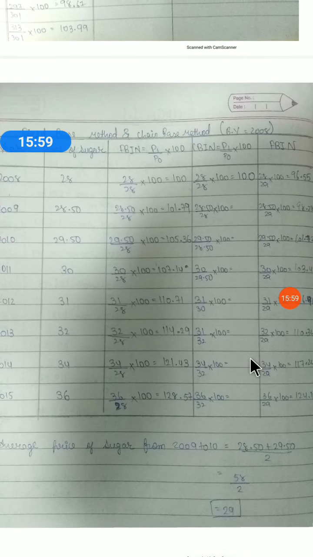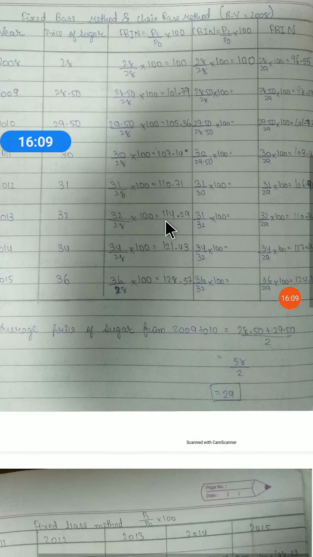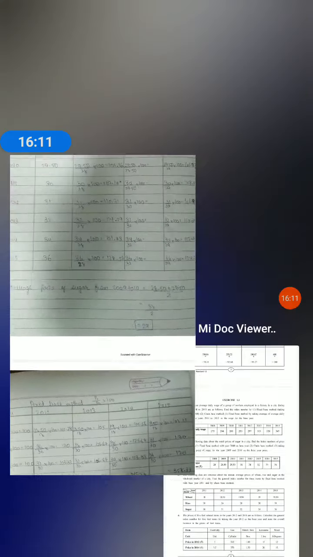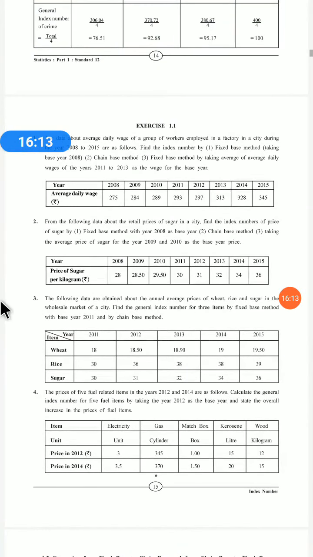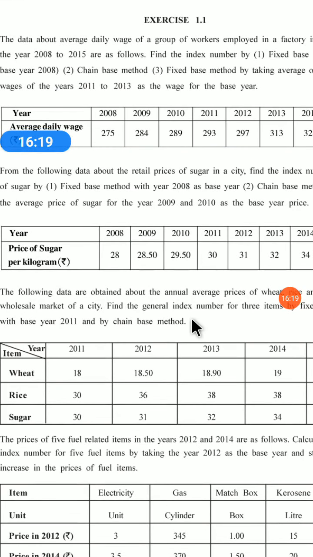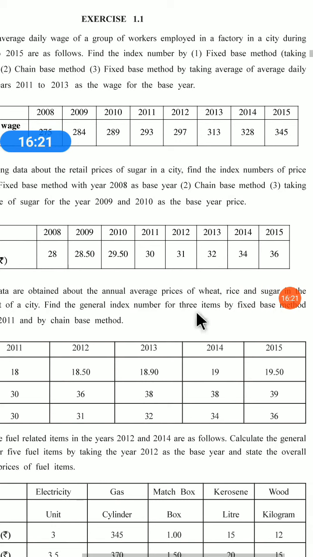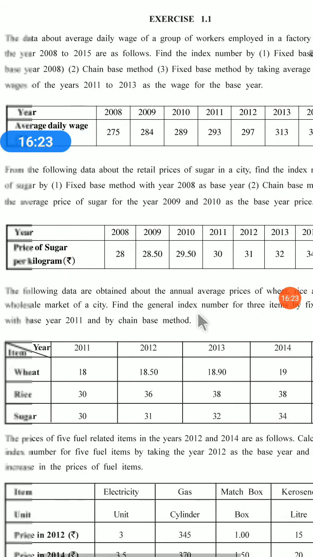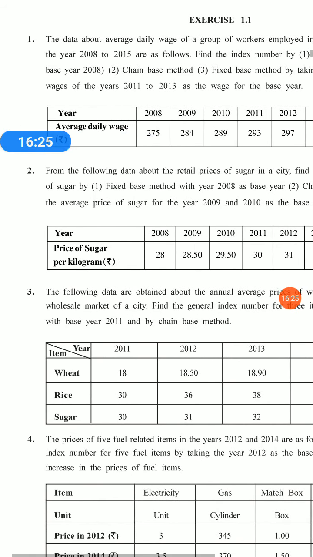Okay girls, this is our question number 2. Question number 2 and question number 1 are both the same. Now see the third question. Let me first read the third question. Following data are obtained about the annual average prices of wheat, rice and sugar in the wholesale market of a city.